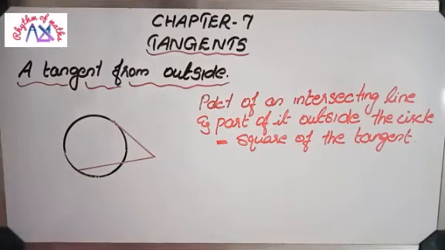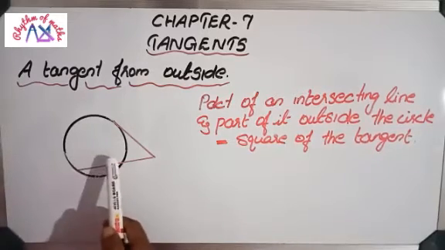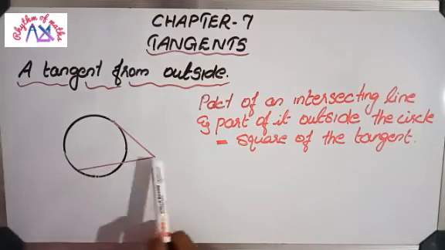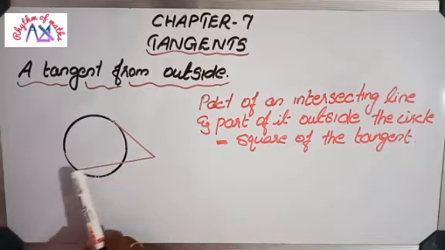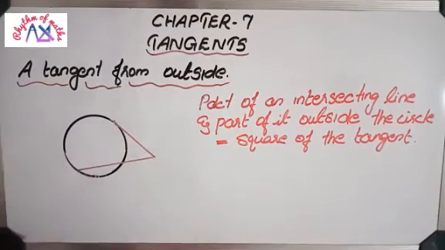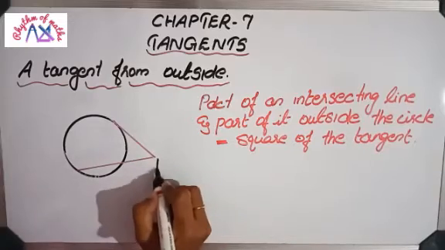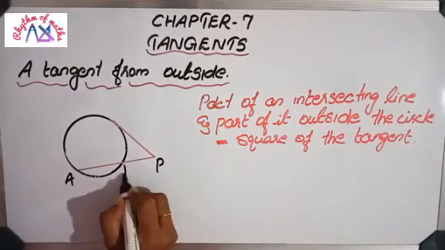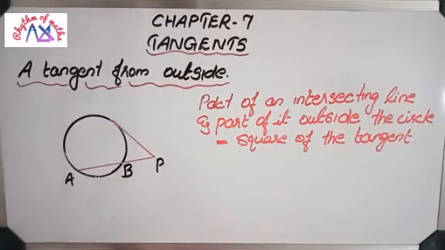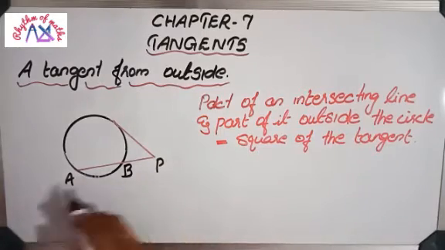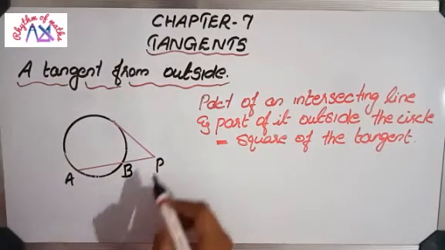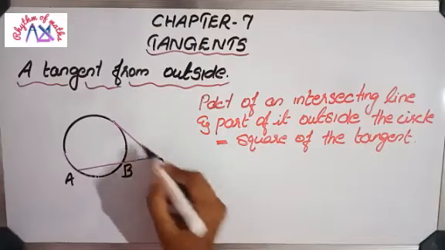Now our third concept is the product of an intersecting line. Here you can see a circle and one line intersecting the circle at 2 points. We can consider that line as P, A, B. This is the intersecting line, PA is the intersecting line, and from the point P there is one tangent also.